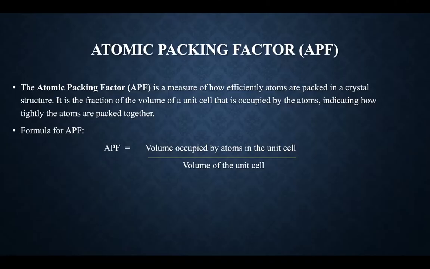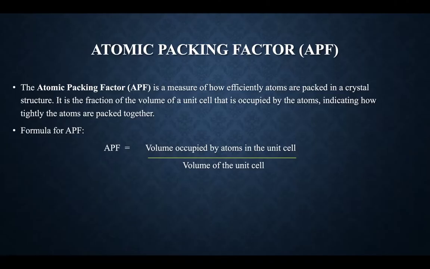Atomic packing factor, APF. It is a measure of how efficiently the atoms are packed in a crystal structure. The formula of APF is the volume of the unit cell that is occupied by the atoms, indicating how tightly the atoms are packed.